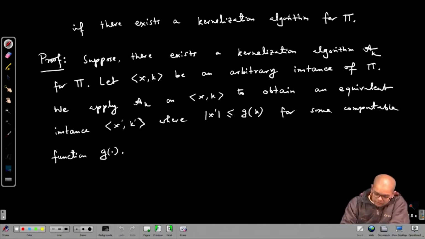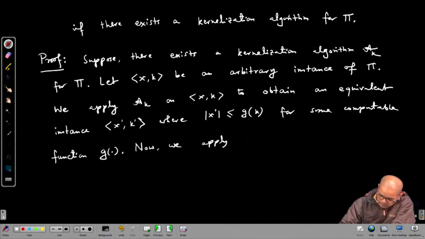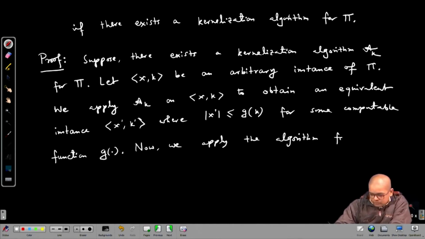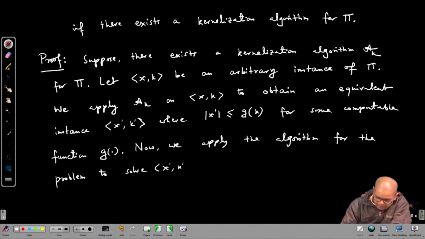So we apply that algorithm for the problem to solve (x prime, k prime).